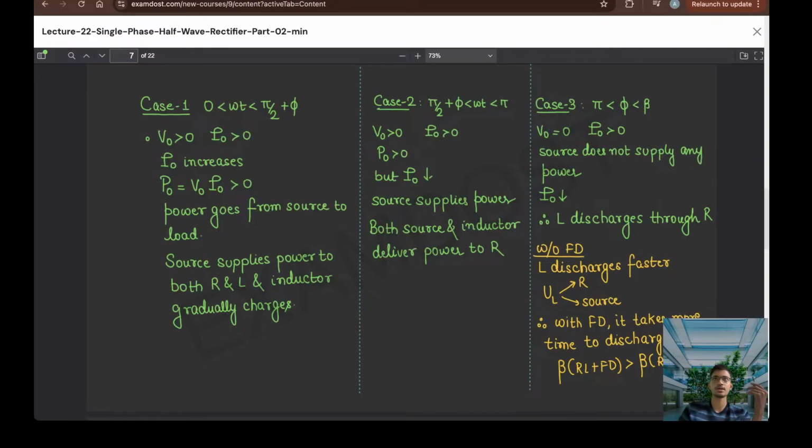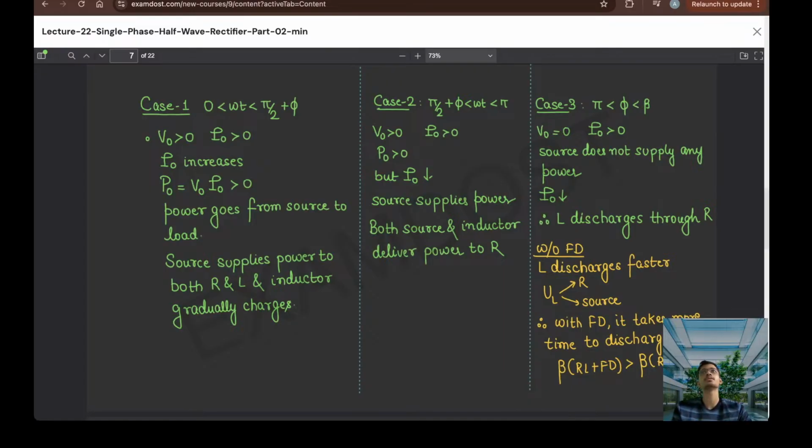So the source is supplying and the inductor is also discharging. Both source and inductor deliver power to R.